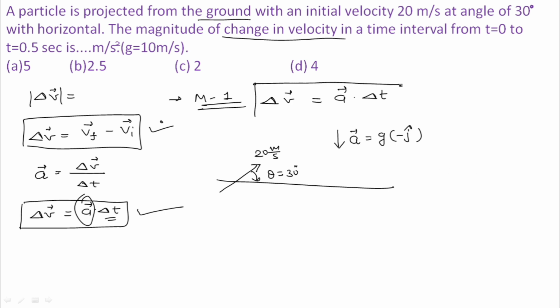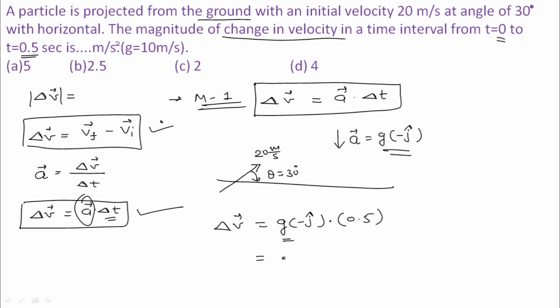So using this formula, here we have delta v vector is equal to replacing a vector by small g into minus j cap into time interval 0.5 second minus 0 second, which would be 0.5 second only, and taking small g as average value 10 meter per second square as given in this question. 10 into 0.5 minus g cap is equal to 5 minus g cap meter per second.